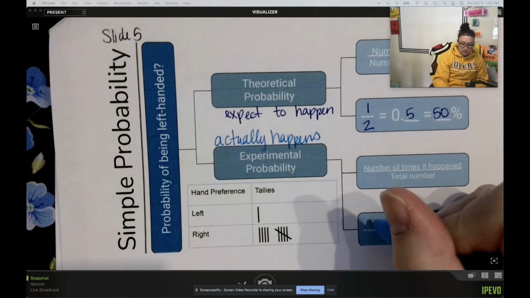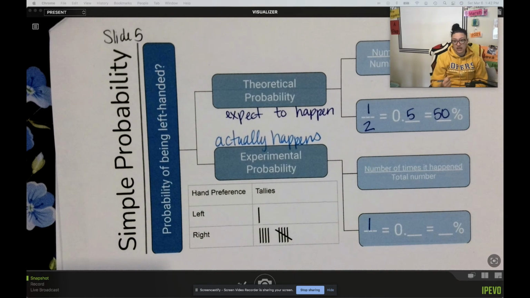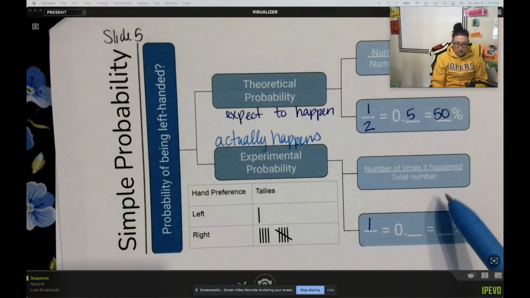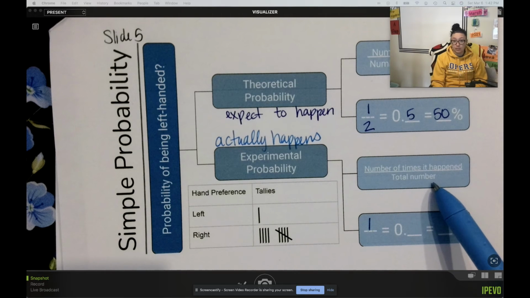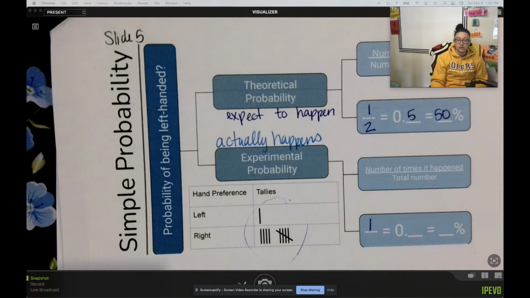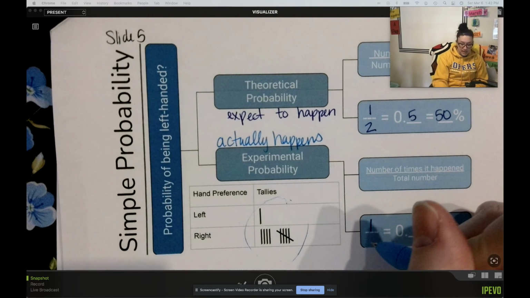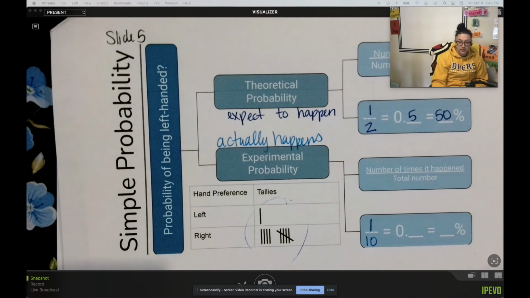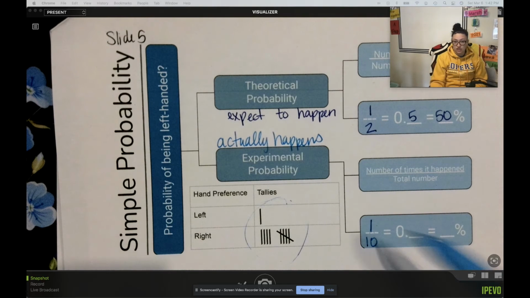One student actually chose it as their preferred hand to write with out of the total number of students. So what is that total number of students for that small class? 10. Ten students in that whole class, one of them actually chose left hand as their preference.